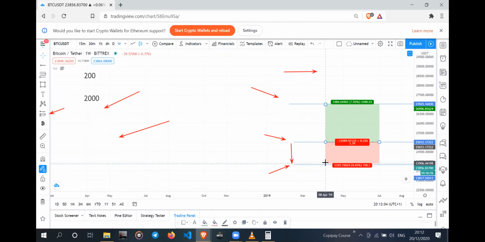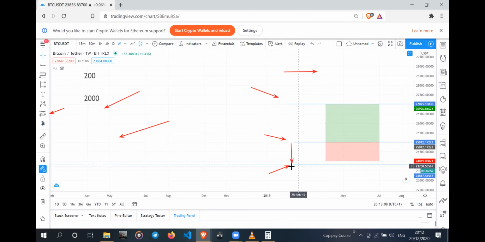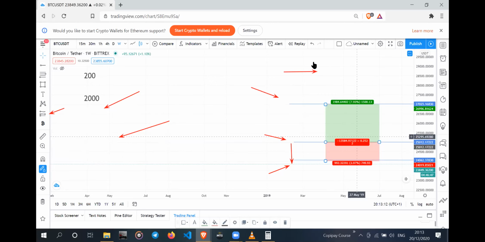This is 24K. The values aren't exact, but you see this is 2. That's the risk to reward.